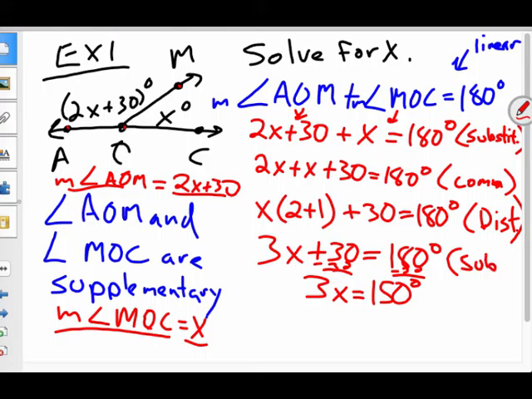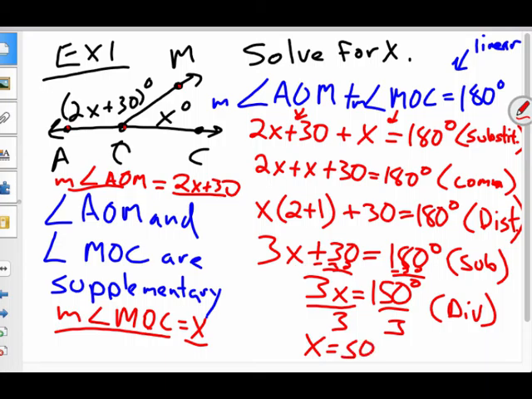Subtraction, right? And when I divide both sides by 3, that's the division property, right? And so then I get x is equal to what? 50. Elena, you were right.